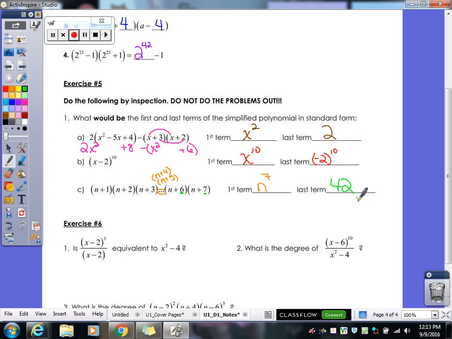When you go and you distribute this, this 1 eventually gets times the n. It never actually gets times the 6 or the 7. So if you just keep going through and you distribute this one with this one, and then this one with this one, this one and this one, the ones that will be left are those last two. So it would just be 6 times the 7. They're never multiplied times an n. So that's why those two would be your last term. And it always works out like that if you have binomials that you're multiplying.